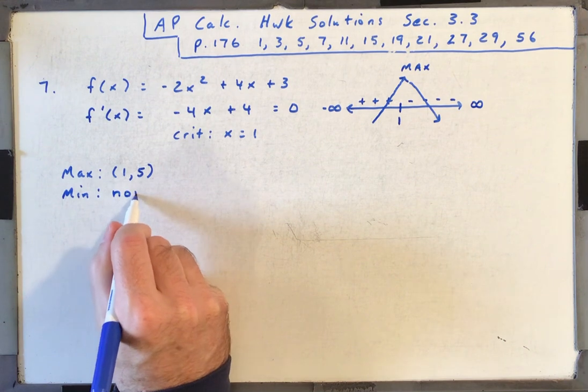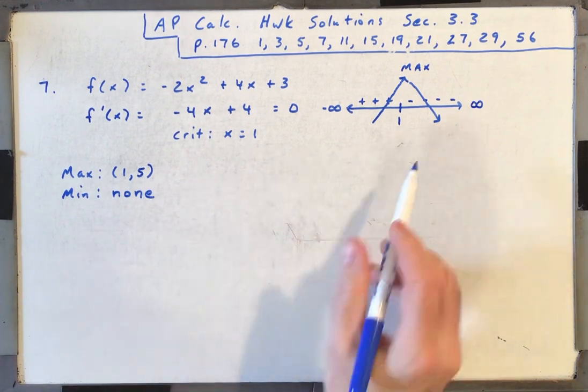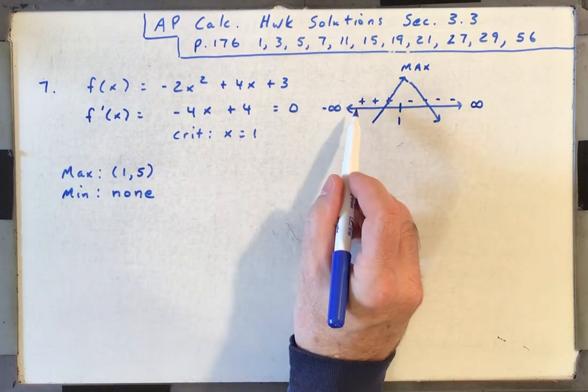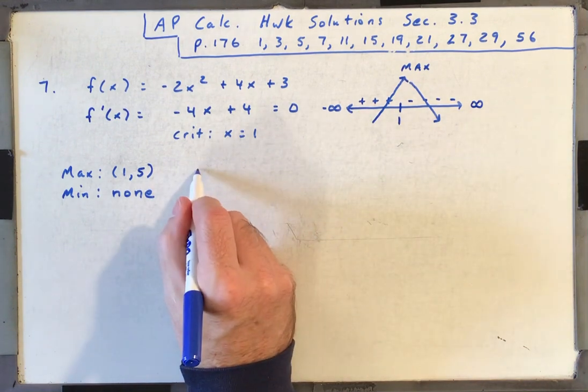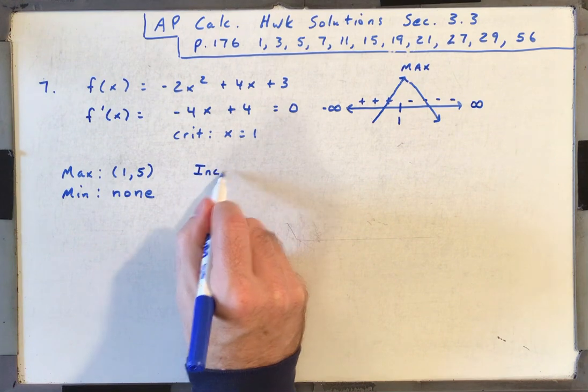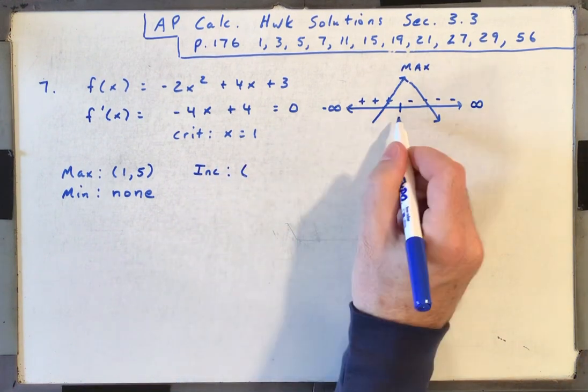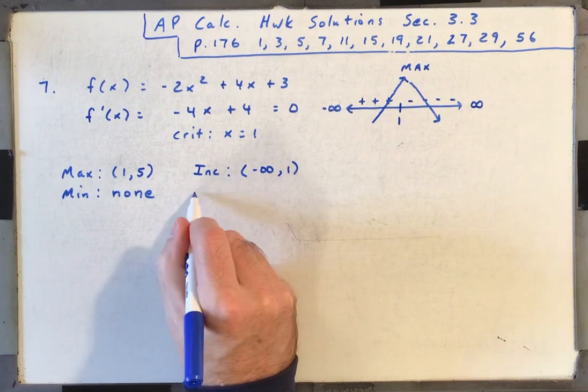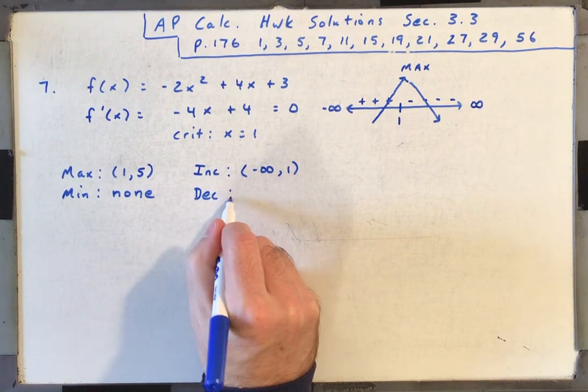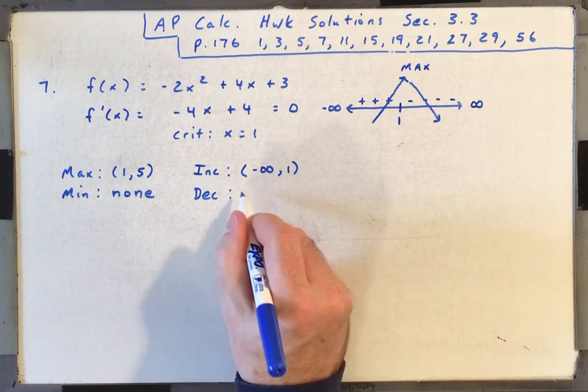I want you to go ahead and write that down. We don't have a place where the derivative goes from negative to positive, so we have none. We are increasing from negative infinity to 1, decreasing from 1 to infinity.